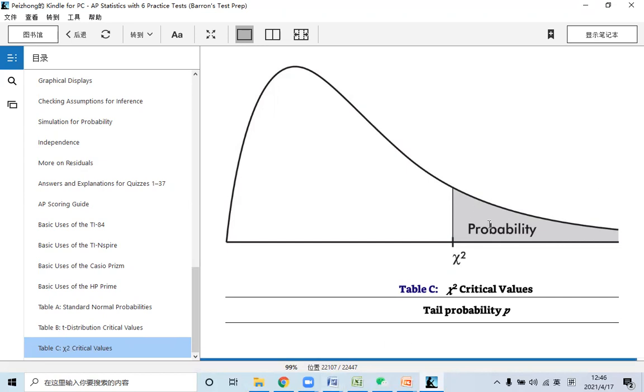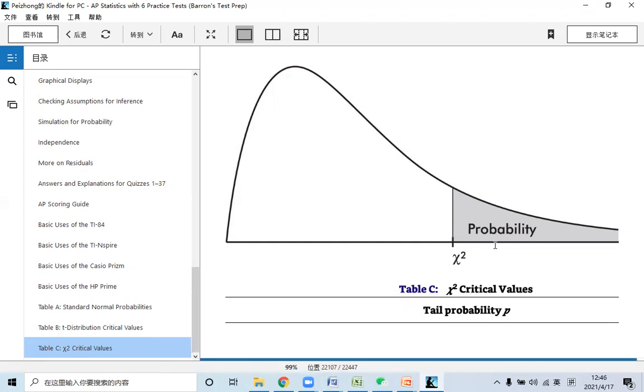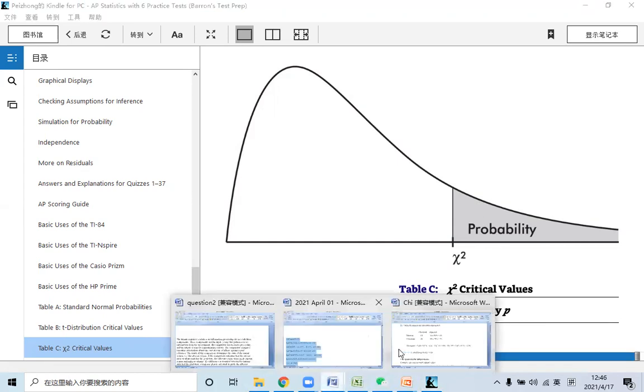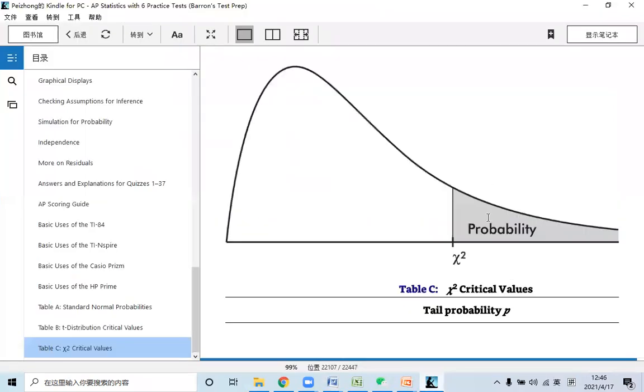And what kind of chi-square value would be in this region? We have a calculated chi-square value of 2.38. Is this 2.38 extreme enough to be in the shaded area so we can reject the null hypothesis?